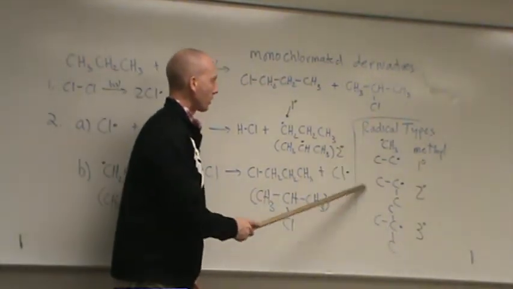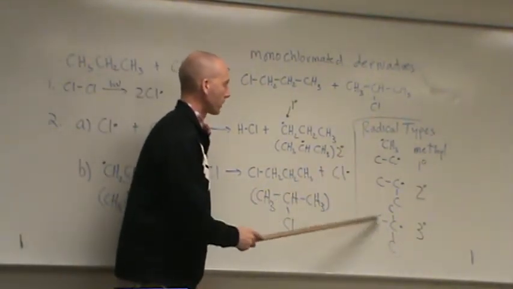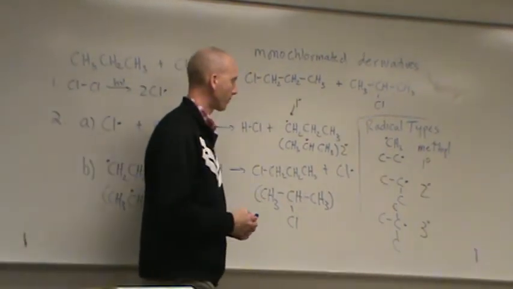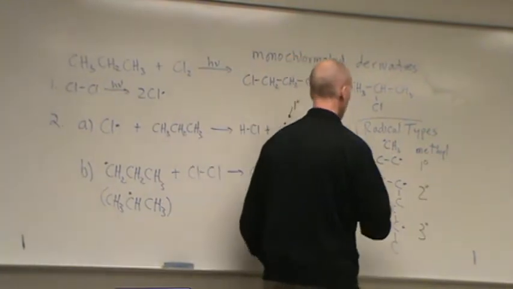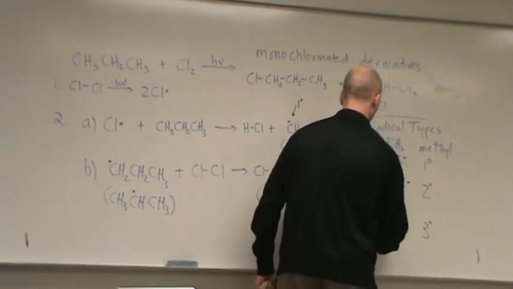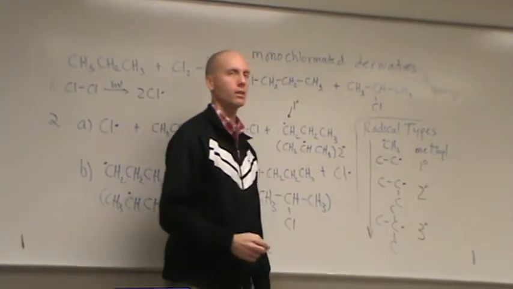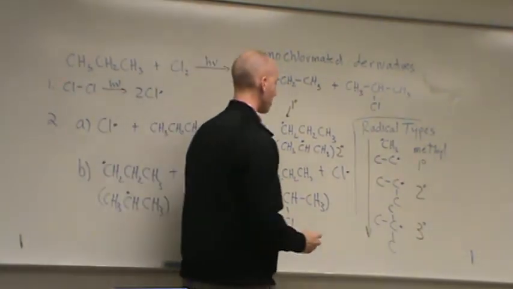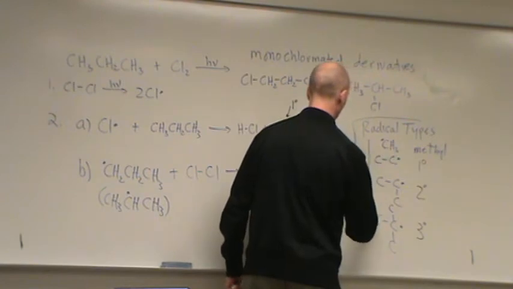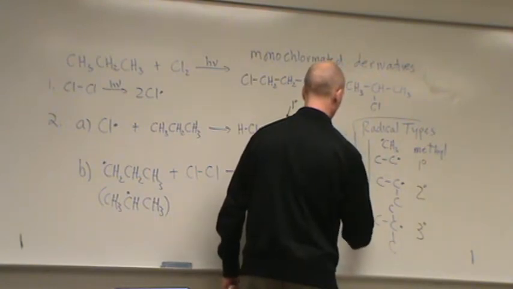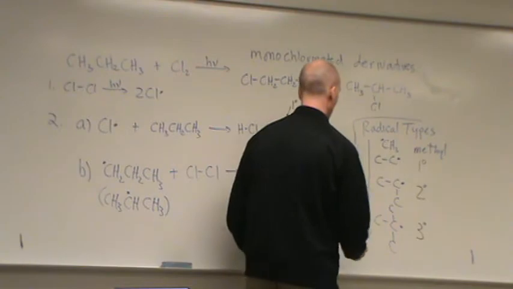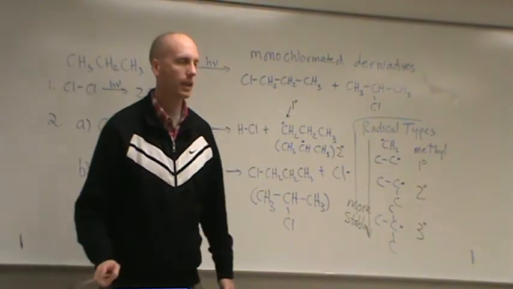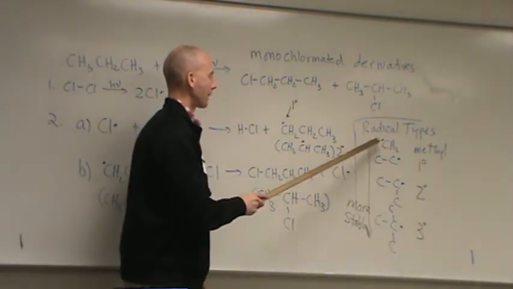So there also is a stability order with these radical types. Okay? As I come down this way to the more substituted radical, I get more stable. Okay, so the tertiary is the most stable, and as I go up, I get less stable.